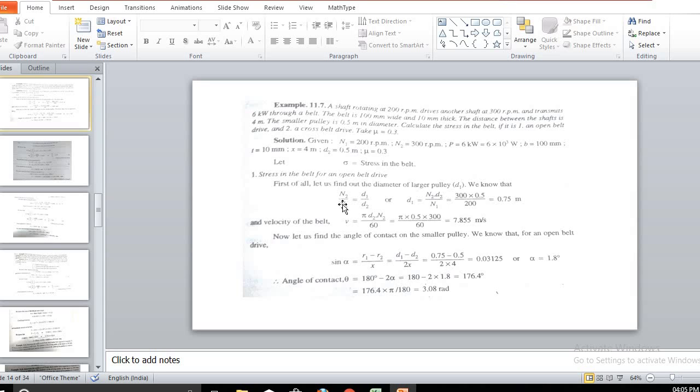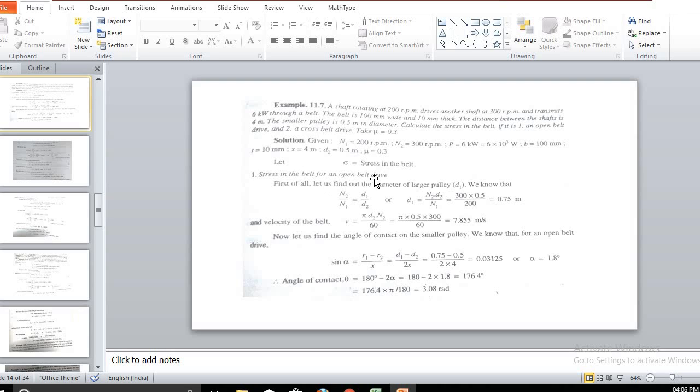N2 by N1 is equal to D1 by D2. From this formula, N2 and N1 are given, D2 is given, and we have to find D1, which is 0.75 meter here.